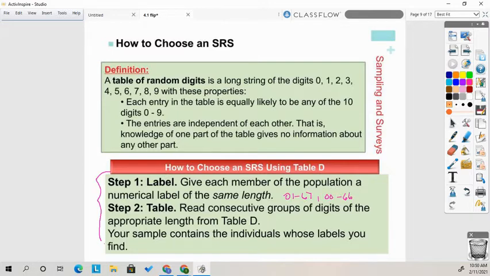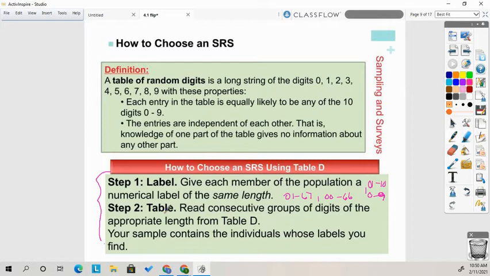You just number the people you have. If you have 10 people, you can number them 1 to 10, or you can number them 0 to 9. You would probably want to do the 0 to 9 because then you're only reading one digit off the random number table instead of reading two digits.